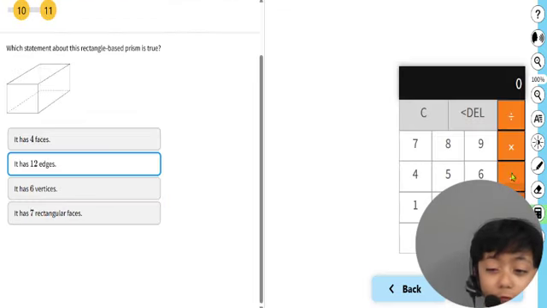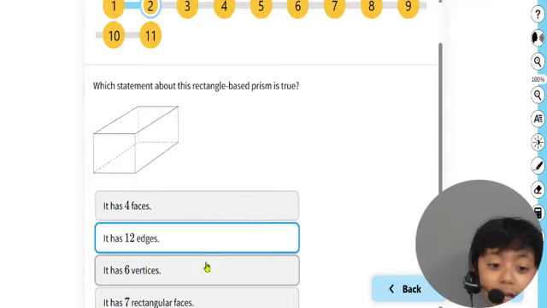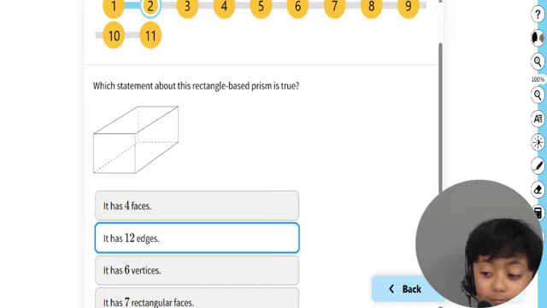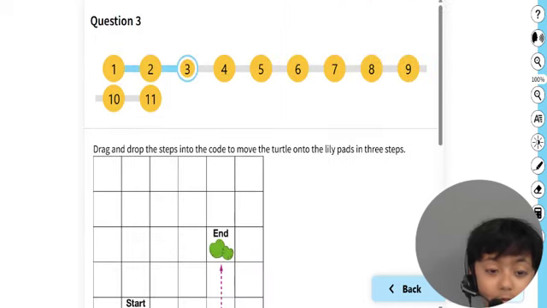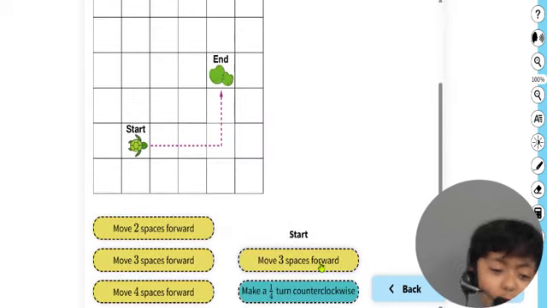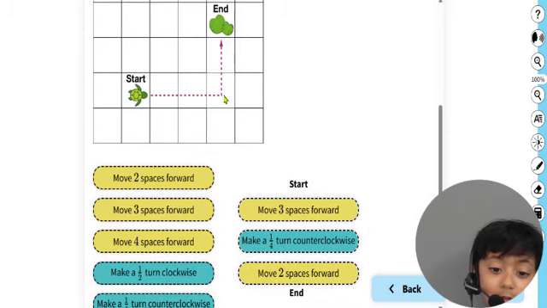So 4 plus 4 plus 4 is 12. And it has 12 edges. So first, if we move 3 spaces forward, 1, 2, 3, we'll get here. And a quarter turn is either here or here, and it's counterclockwise, so it's this way. And then 2 spaces forward is 1 and 2.